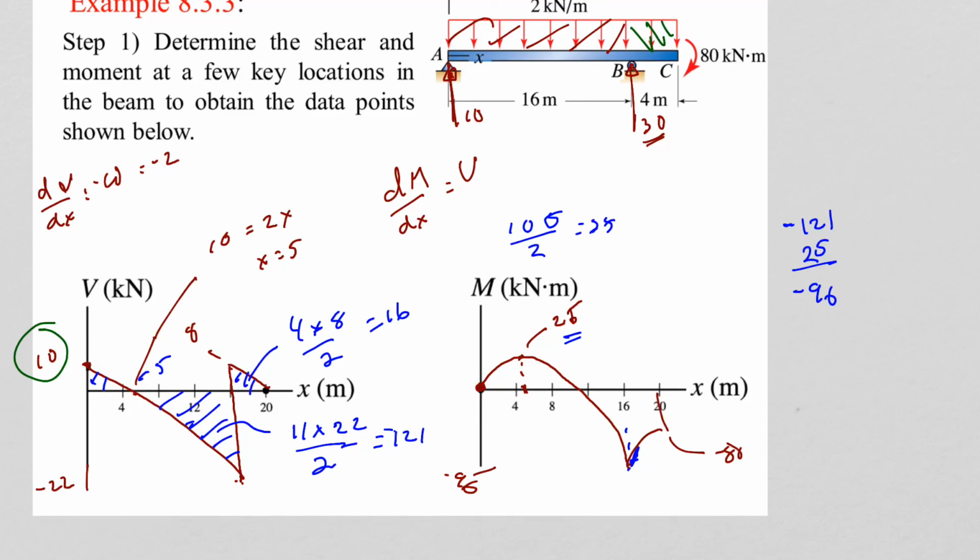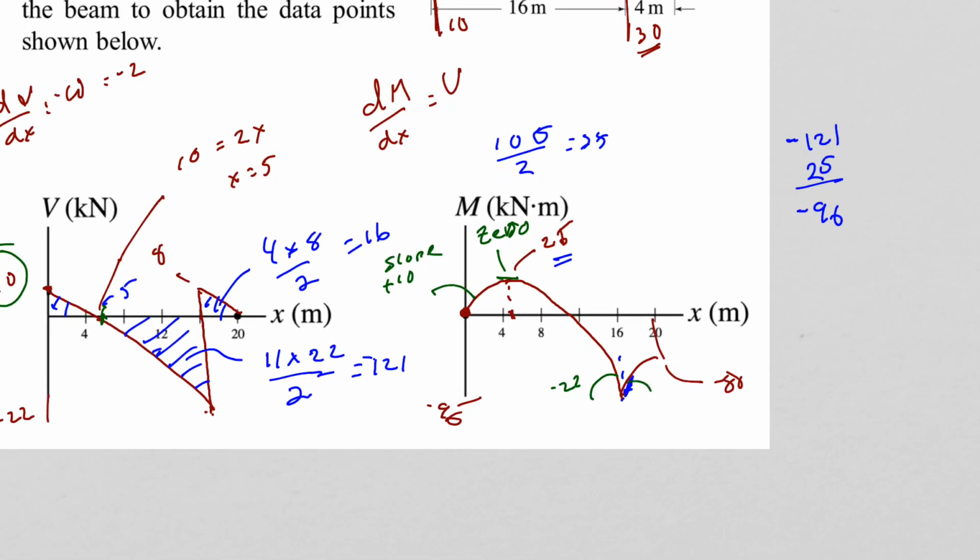So let's look at a few things real quickly. Our slope here, starting out, is a positive 10. It ends up at 0 because it's crossing the x-axis at that location. Down here, it is a negative 22. And on this side here, it's going to be this positive 8, and it will end up at 0 for our slope.